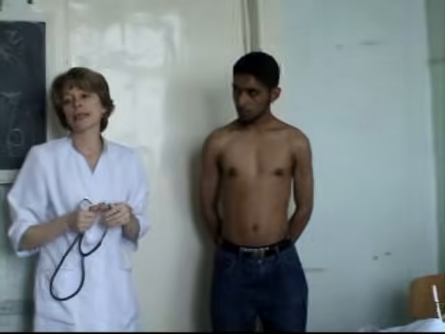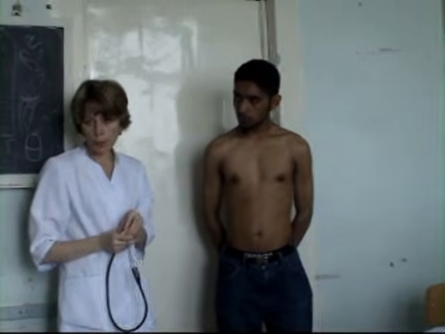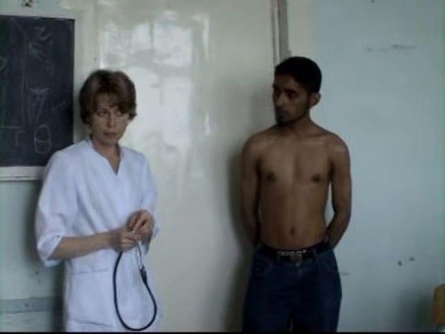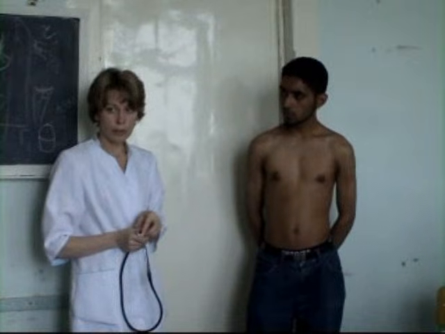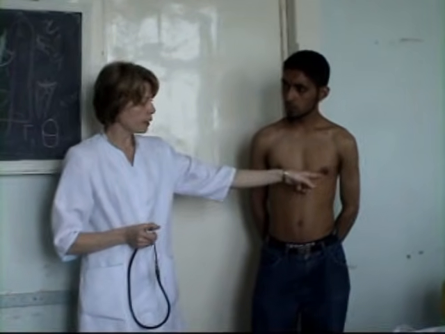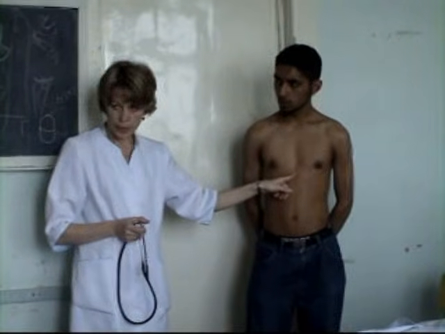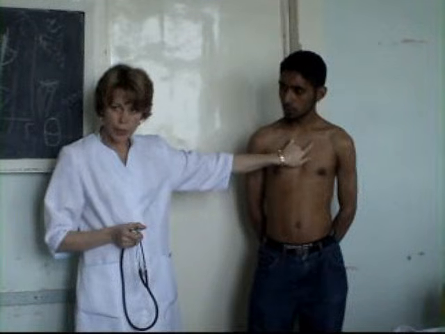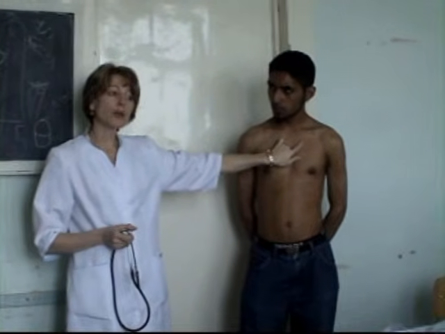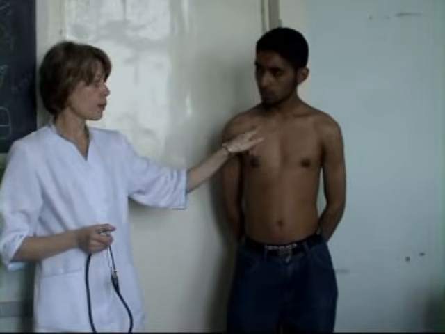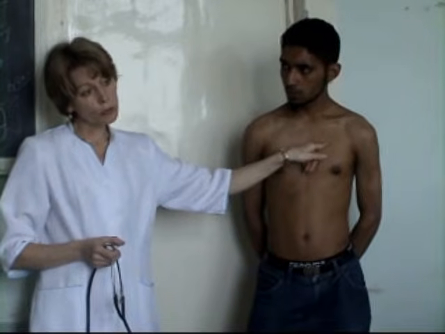Our conclusion must include information about cardiac rhythm, rate, loudness of sounds over the apex and xiphoid process where the first sound is made, then loudness of the second sound over the heart base, information about accent. We must compare the second sound over the aorta with the pulmonary trunk. Then we'll determine clearness of sound.